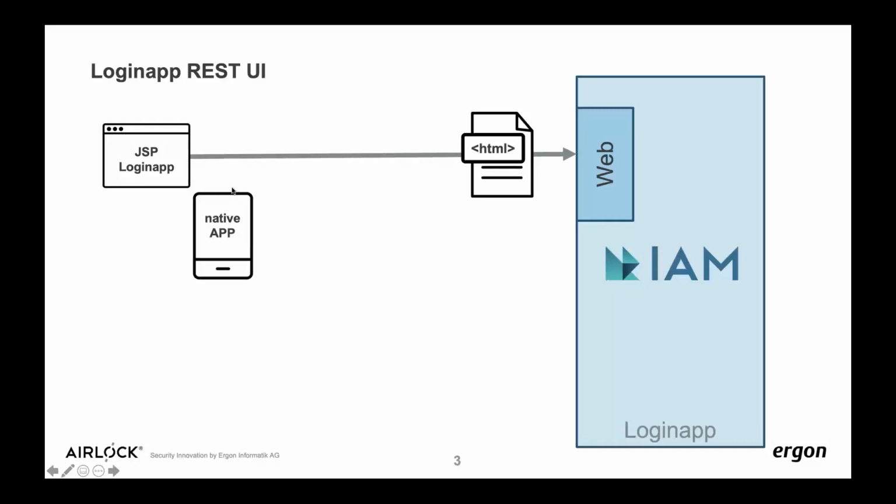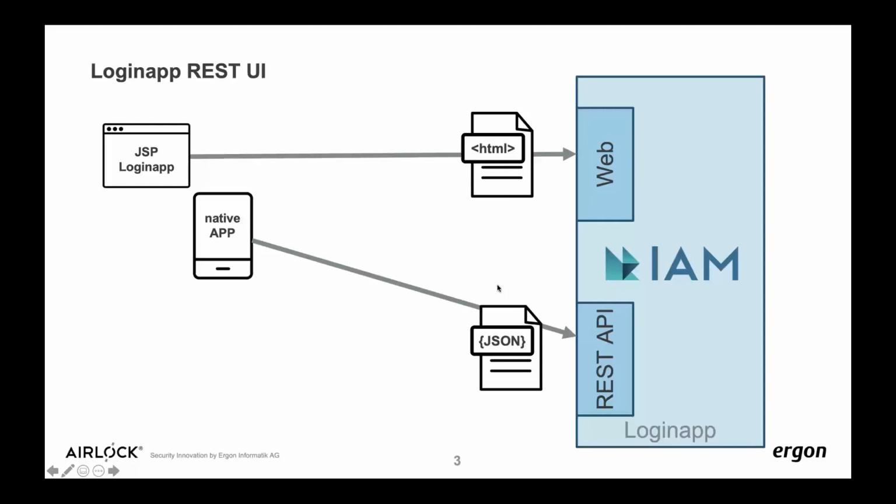A few years ago, more and more native apps came on the market, and also for our Airlock customers, native apps started to get important. For native apps, you need a good solution, and as we found out with time, REST APIs are the right solution for apps. We started to integrate them within the IAM Loginapp. So the native apps now had their own interface where they could do the login or self-service with the JSON protocol.